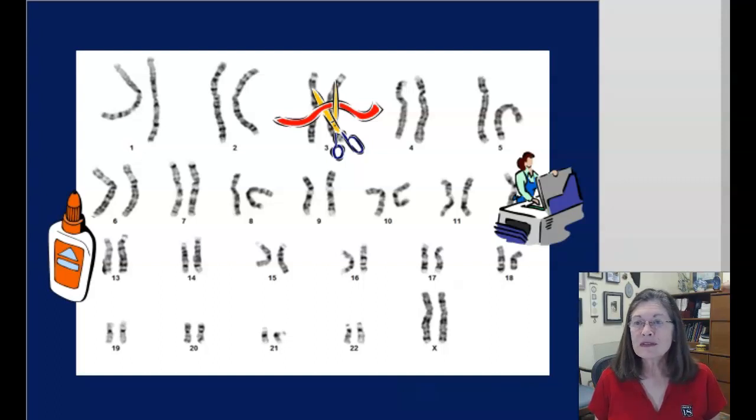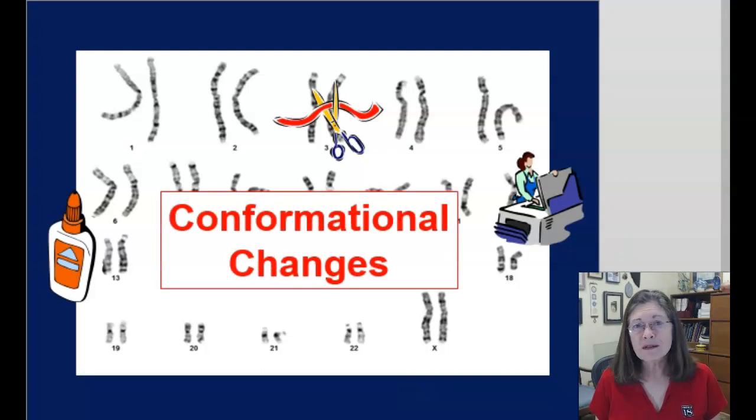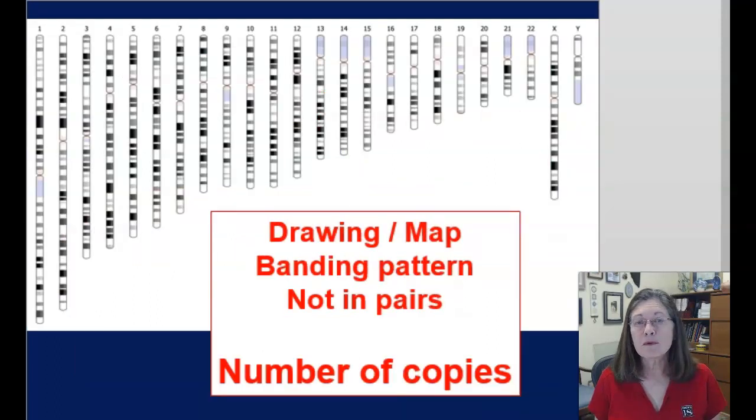So this kind of report is still important for looking at those conformational changes where big chromosome pieces swap places, or extra copies, and you can see where the extra pieces are, or where duplications might be located. A microarray report, on the other hand, is a molecular analysis.